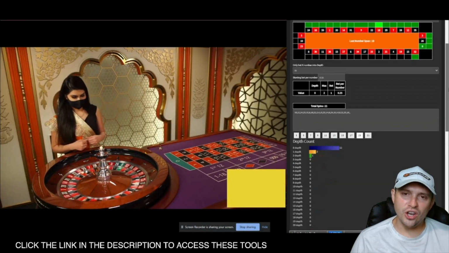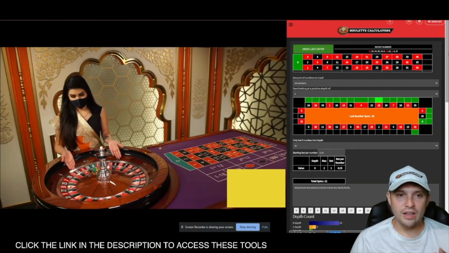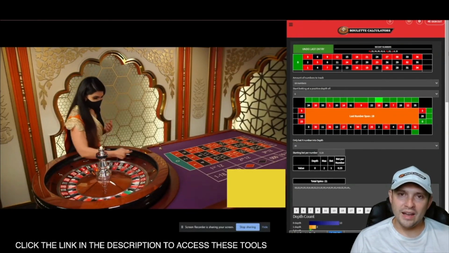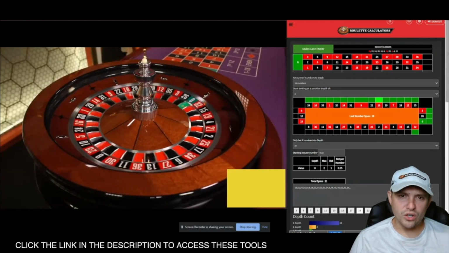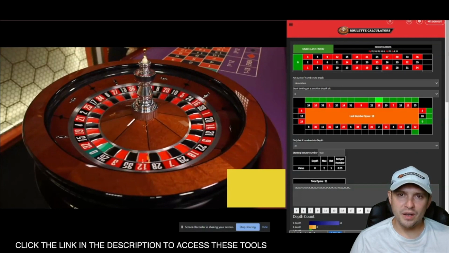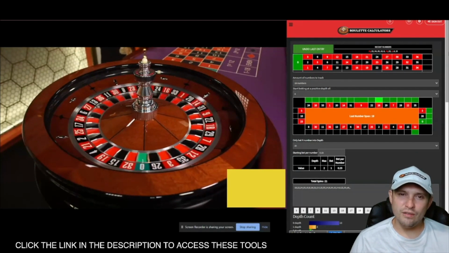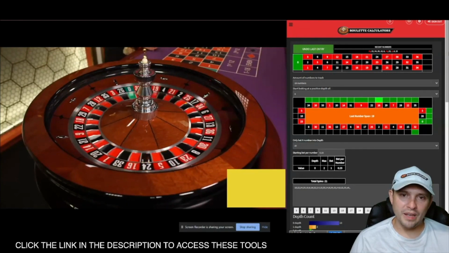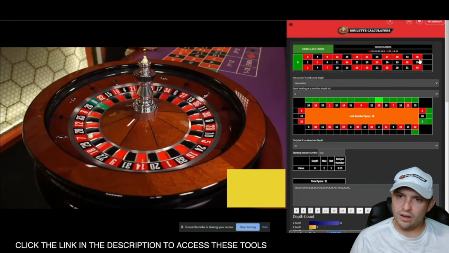And it just shows that it really does pay off if you are patient and you go on a table and don't be intending on betting with that particular dealer. Just watch them for several spins and go, is this person being consistent? And if they're not, even if you got the hint that they're not being consistent, walk away, leave the table and find another one. Look at that, number 7.